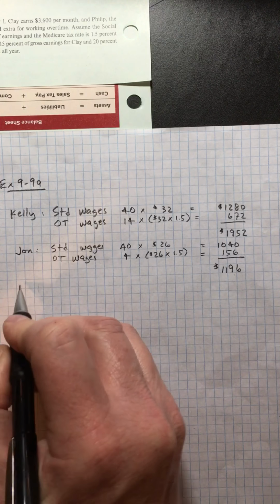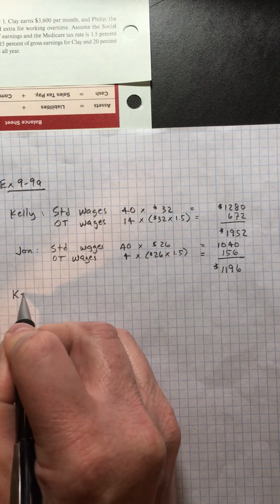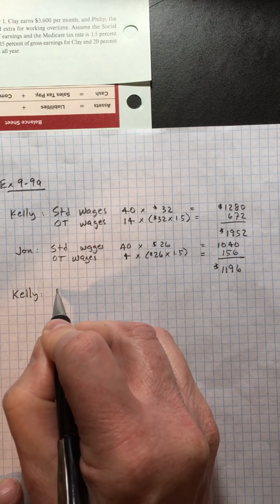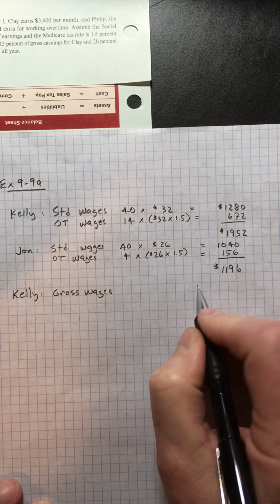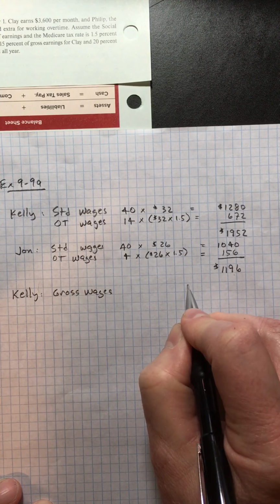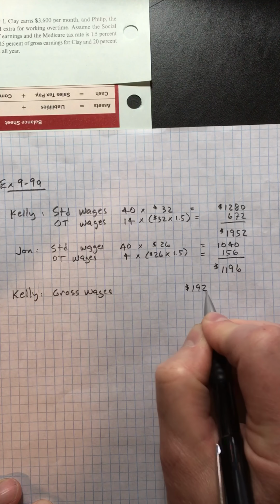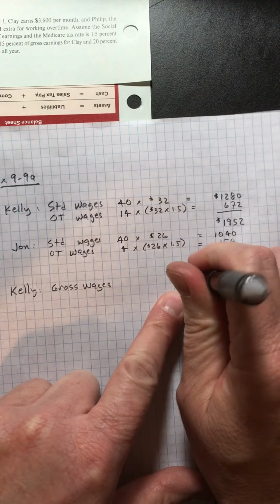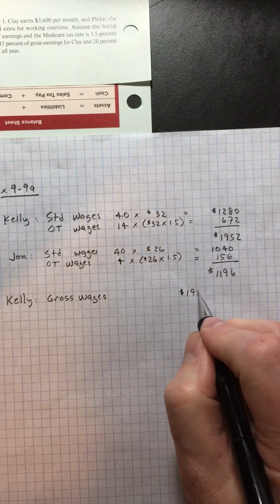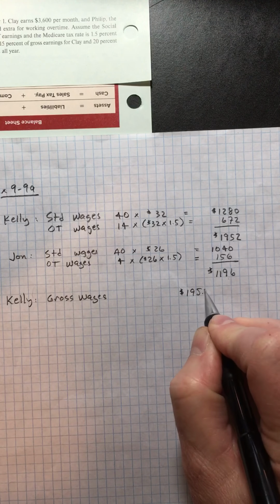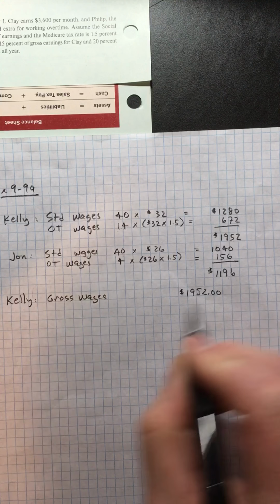So now B, we'll look at their net pay. So for Kelly, we'll have gross wages. Again, her gross wages from the problem up above, $1,952. And we're going to record cents for this one, so 00.